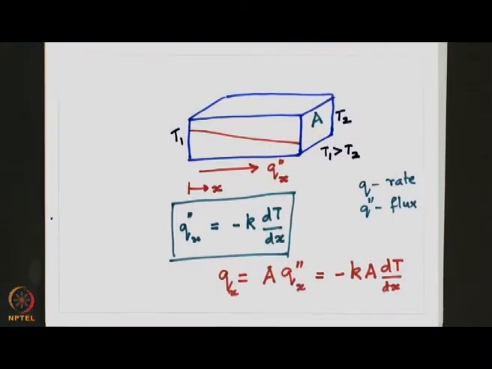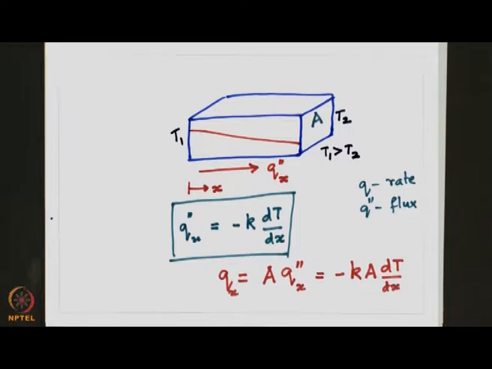So, therefore, the heat transport rate Q in the x direction is given by A times Qx double prime, which is given by minus k times the cross sectional area times the temperature gradient in that direction.